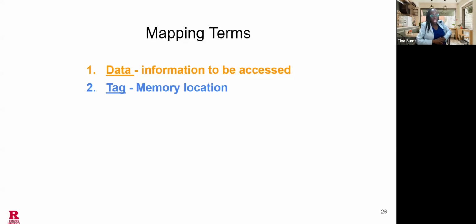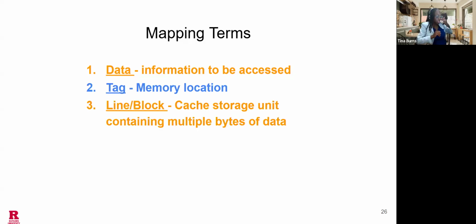Then we have the line or the block. There are different nomenclatures. Some classes say lines, some classes say blocks, some examples say lines, some examples say blocks. But this refers to the storage unit that contains multiple bytes of data. So if I have something, let's say it's 8 bytes, right?